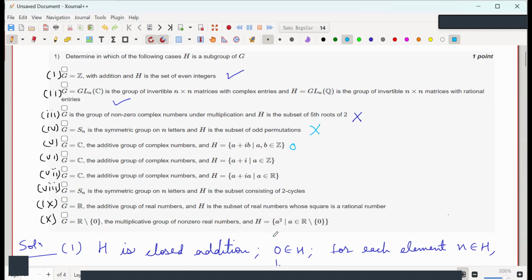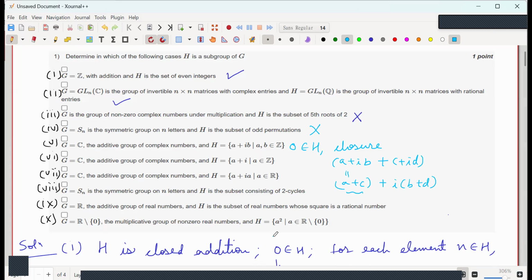So 0 belongs to H. And closure you can check. Because if you take two numbers, say A plus iota B, and then again plus C plus iota D, it's just A plus C plus iota times B plus D. So this is of the same form.